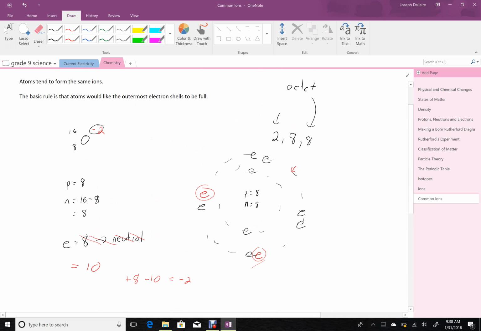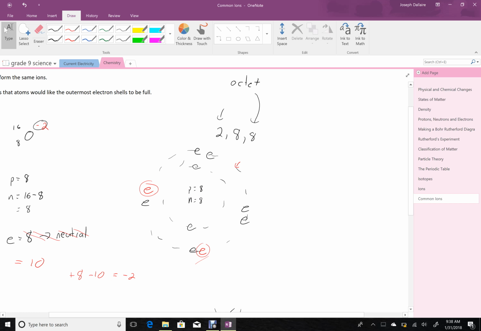Some atoms, it's easier for them to get more electrons, and when they fill in those holes, they become negatives, and these atoms in general are called non-metals. They exist on the left side of the periodic table.